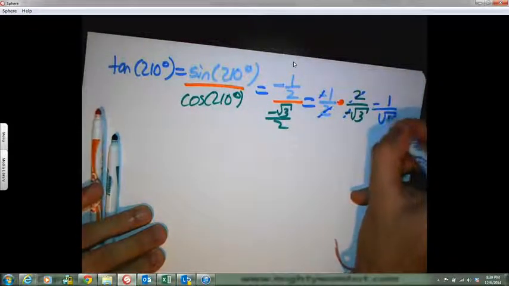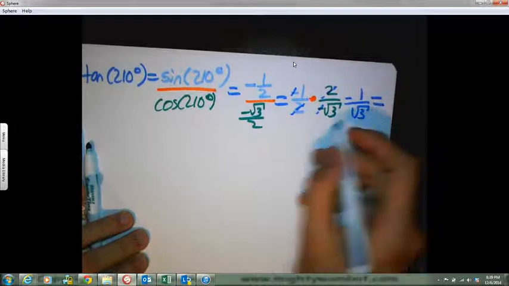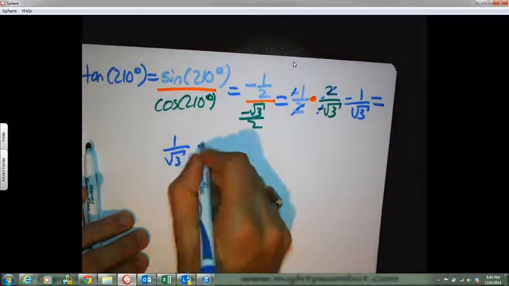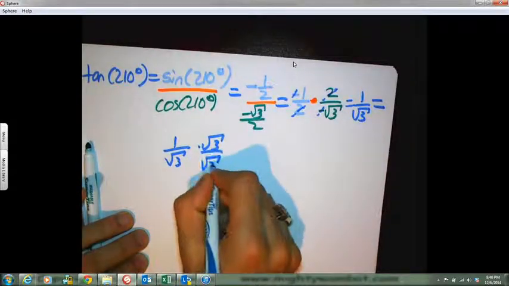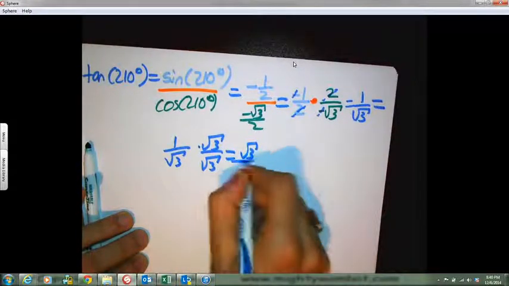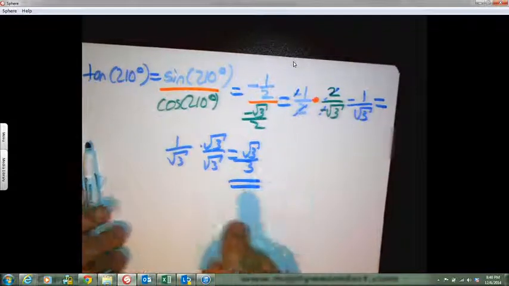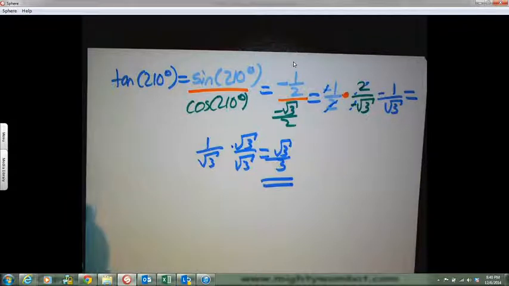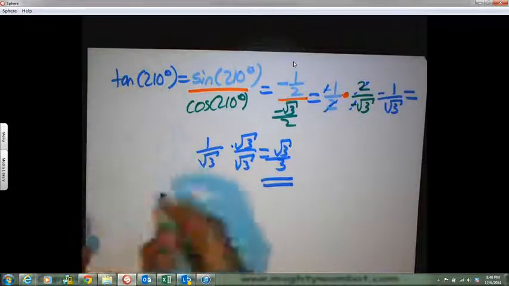Root 3 over 3. Finally, the last one I want to model here is tangent of pi over 2, which is equal to sine pi over 2 divided by cosine of pi over 2.